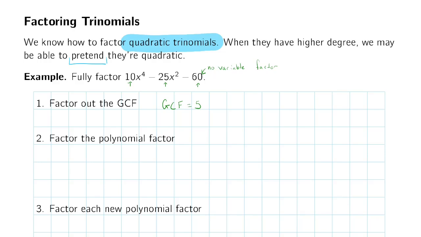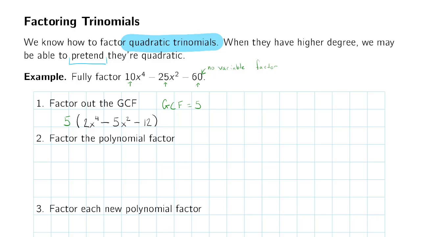When we factor that out, we'll have 10x to the 4th divided by 5 is 2x to the 4th. Negative 25x squared divided by 5 is negative 5x squared. Negative 60 divided by 5 is negative 12.